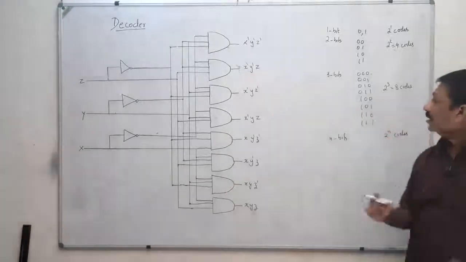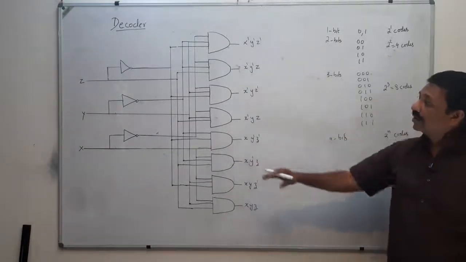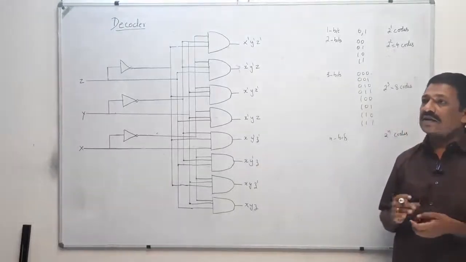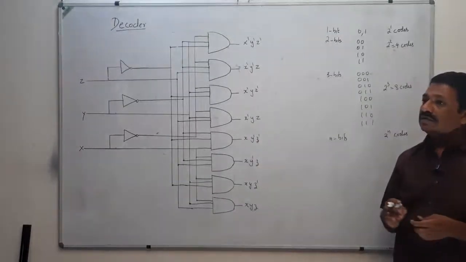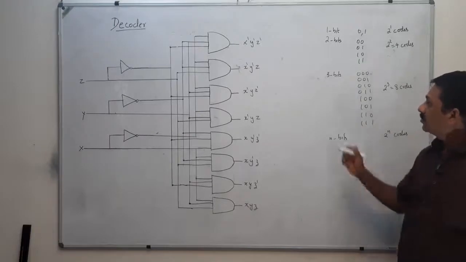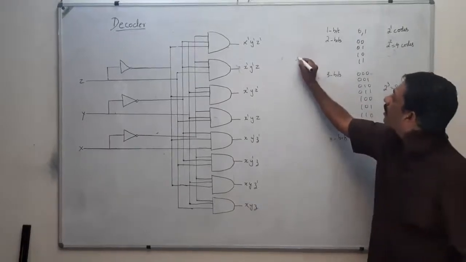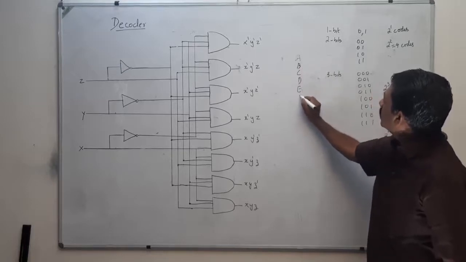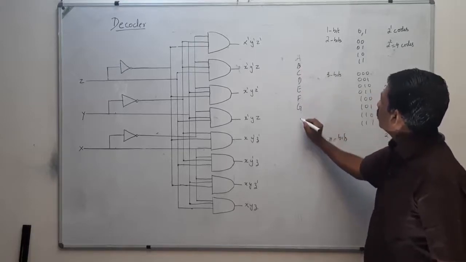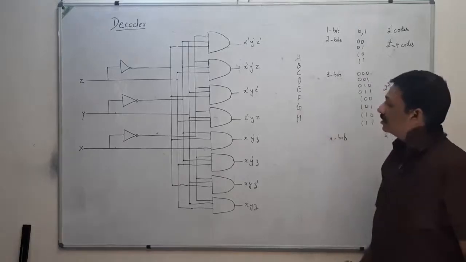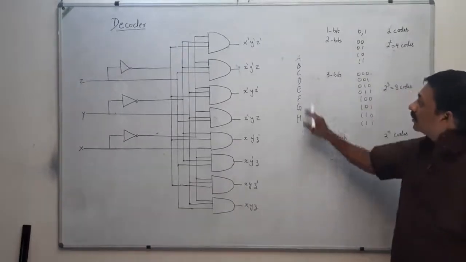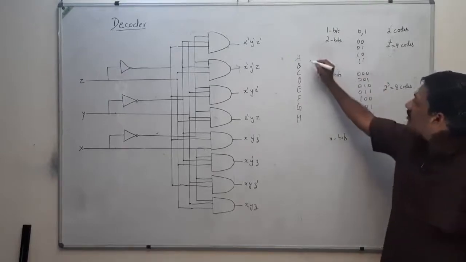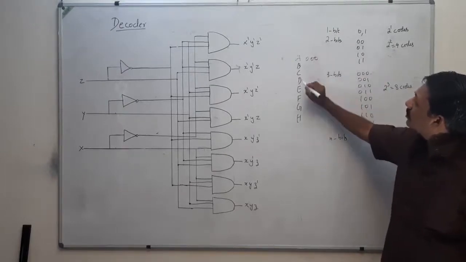Now, this is about the decoder. Suppose that you have 8 colors, and suppose that the colors are A, B, C, D, E, F, G and H. Then using 3 bits you can represent these.